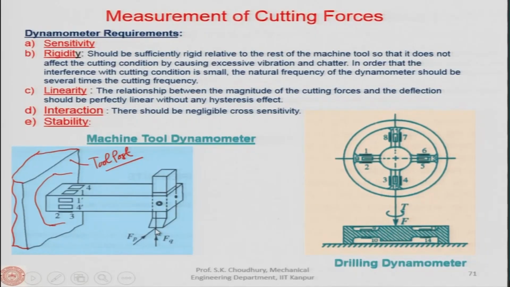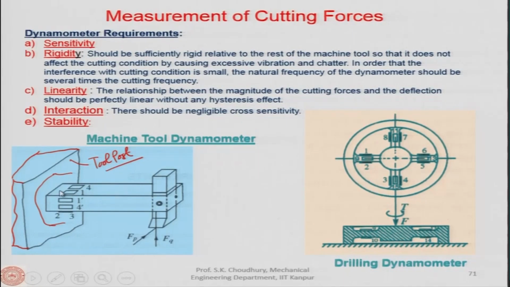The FP, which is perpendicular to this, will be sensed by 1 prime, 2 prime, 3 prime and 4 prime, which are on the face opposite to this. So, you have two sets, 1, 2, 3, 4 and 1 prime, 2 prime, 3 prime, 4 prime, of strain gauges or piezoelectric elements. With the help of the preamplifier and then the amplifier, you can find out the strain which is occurring here.